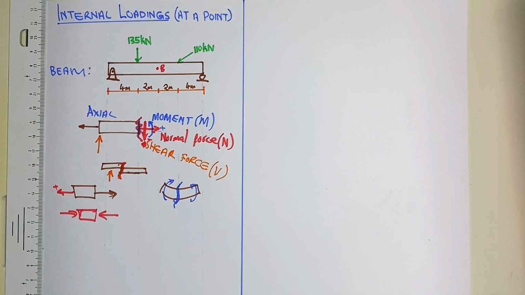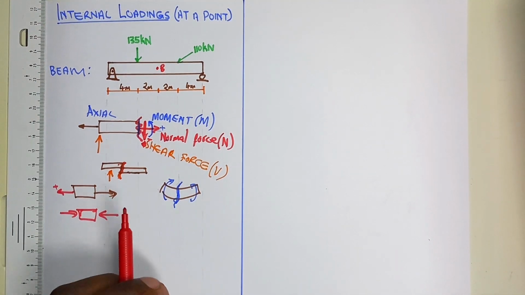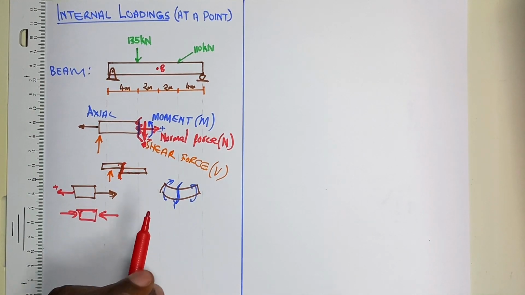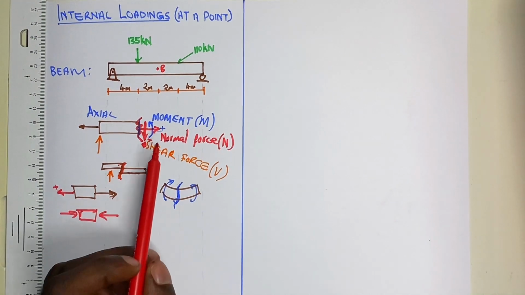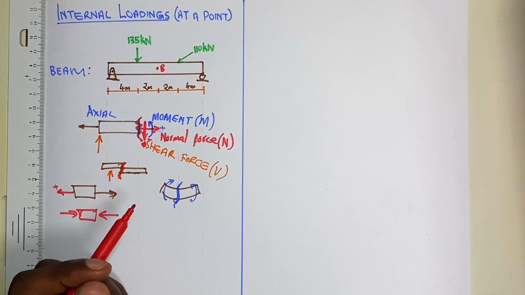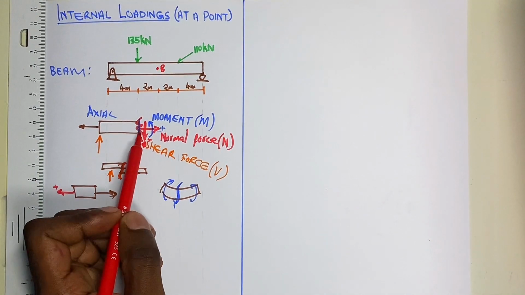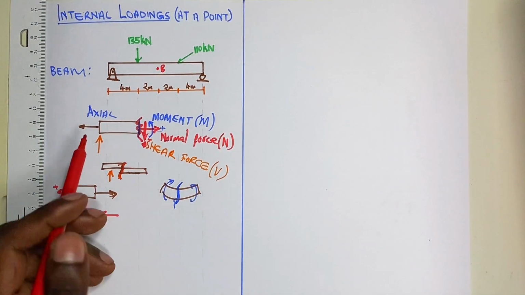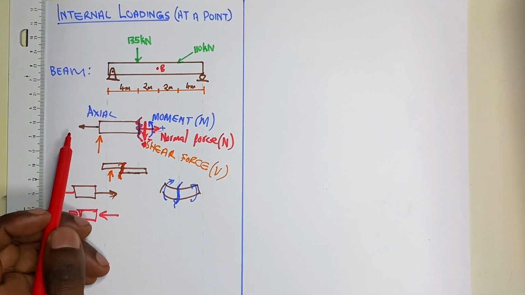Now, the sign convention that we're going to use for these axial forces, the shears and the bending moments, is crucial. It's important because it ensures consistency in interpreting internal forces. Also, you must notice that in this convention, the internal forces are considered positive based on their effect on the beam. For instance, our axial force will be positive when the external force tends to pull the beam apart.